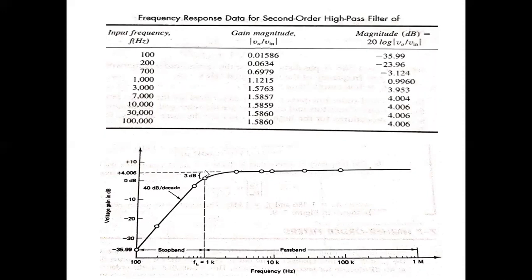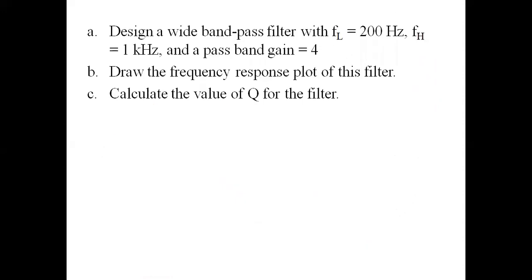This is the same as the theory, we are getting the frequency plot of the second order high pass filter. In this way we can verify the second order high pass filter. Okay, and now take one more example.